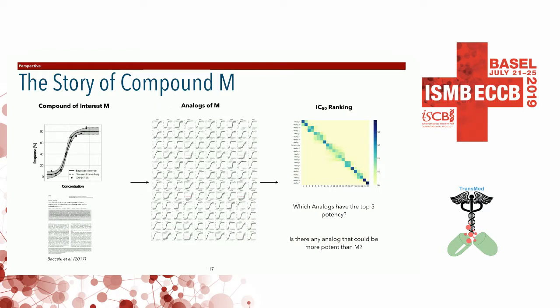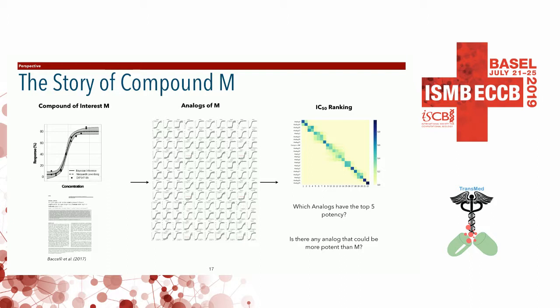And to put everything that I've been telling you so far into perspective, I'll tell you a little bit more about the story of compound M. Some of our collaborators back in Montreal identified a compound of interest, compound M, that had a promising effect in inhibiting cell growth in a certain disease.